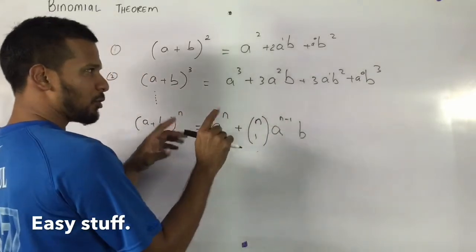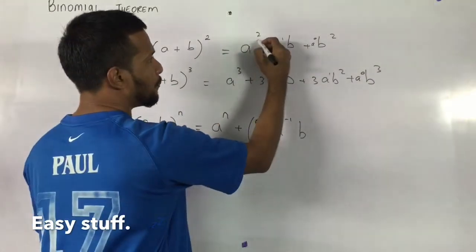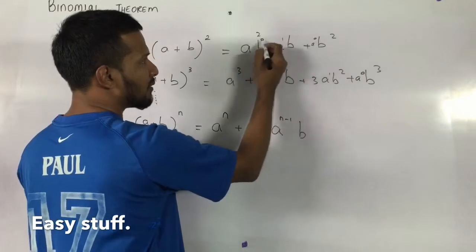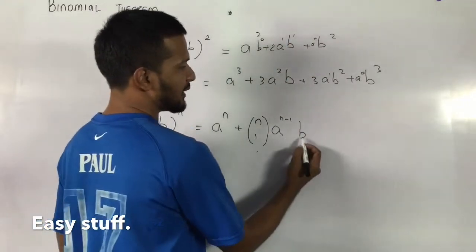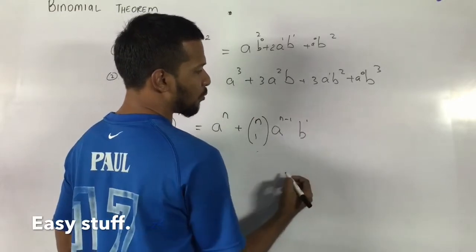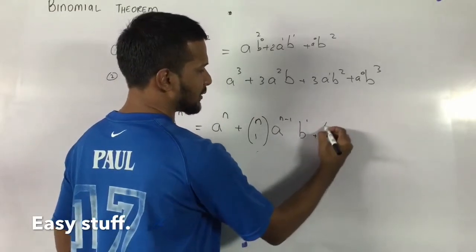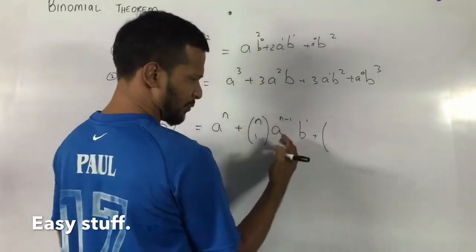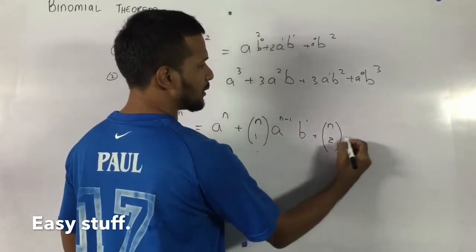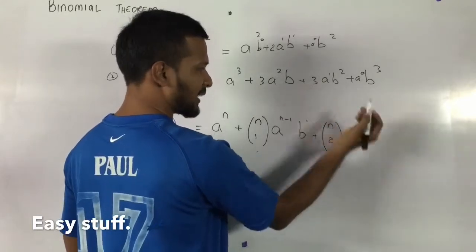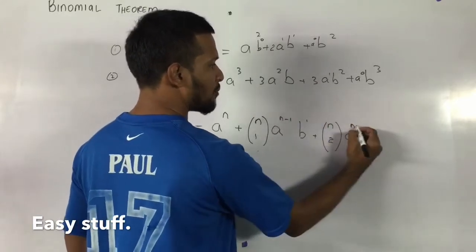If you look at B, B follows the same pattern. B was 0 here, then B goes to 1 here, then B goes to 2 there. So this is B to the power of 1, plus, you follow the same pattern, nC2 by A. This is 1 less again, so instead of minusing 1, we minus 2.